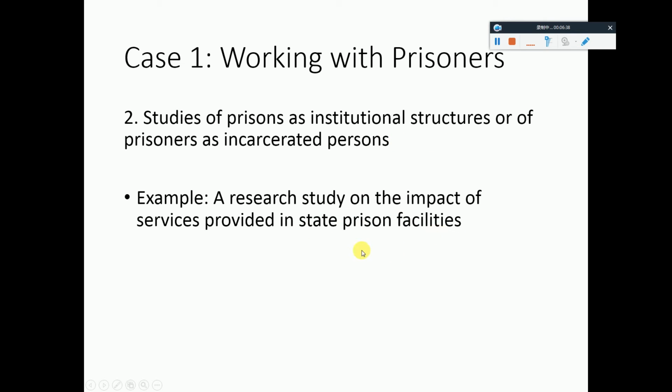Or evaluating how these services impact prisoners, that will also be okay, right? So the impact of services on prisoners as incarcerated persons. This is the second category of research that federal regulations allow prisoner subjects to participate in.